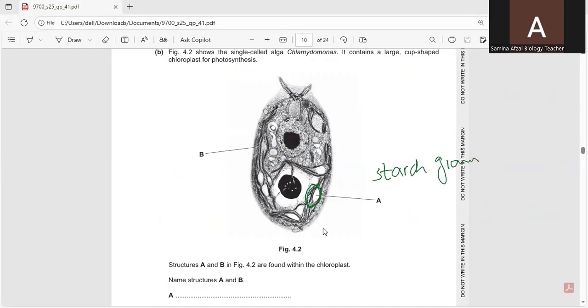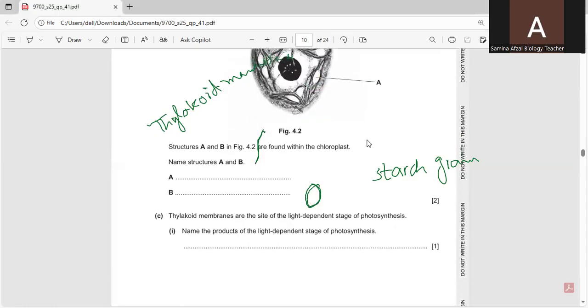And you can see B is this membranous structure, which is thylakoid membrane, because inside the chloroplast, thylakoid membrane is there. So thylakoid membranes make up the granum. And these are the starch grains.